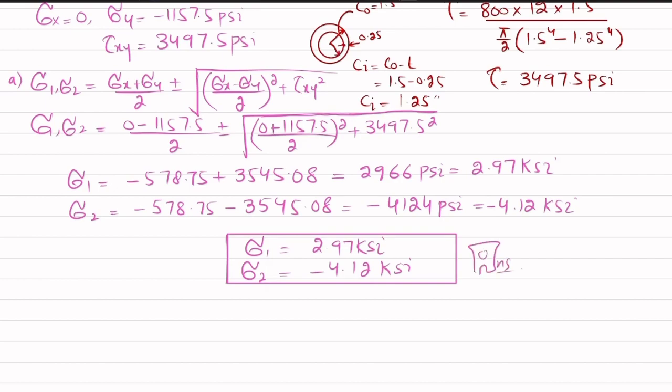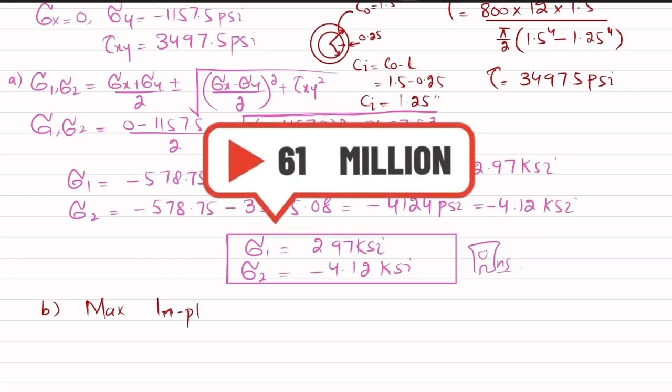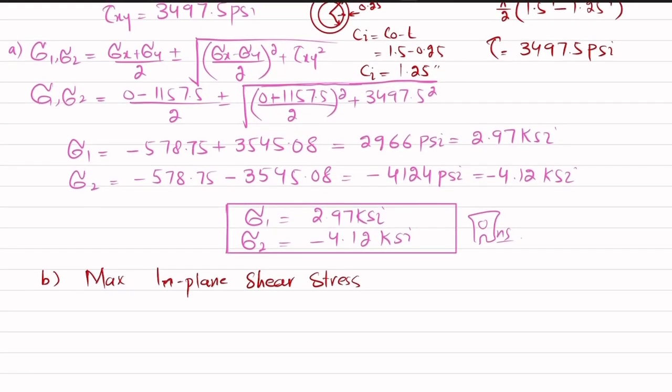In the second part, we have been asked to find the maximum in plane shear stress, and we know that the maximum in plane shear tau in plane maximum is equal to under the root sigma x minus sigma y divided by 2 whole square plus tau of xy square.